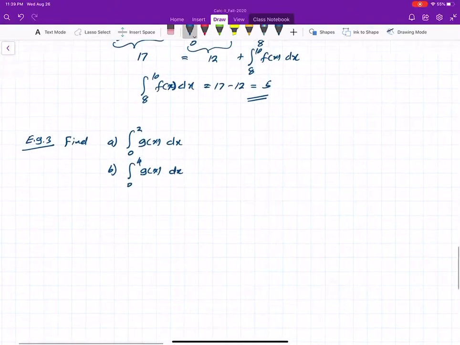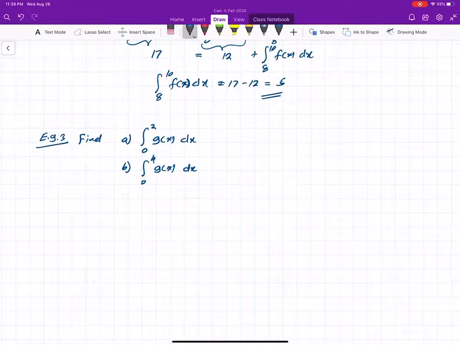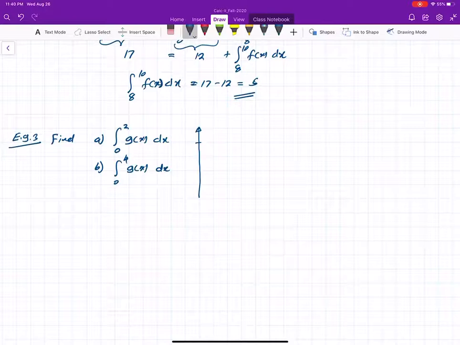So I'm going to show you the drawing. I have to draw it to scale, otherwise you won't be able to do this problem. So I will take a little bit more time to draw this to scale. So this is 4, 2, 0, minus 2.